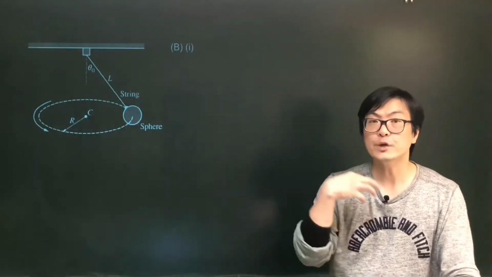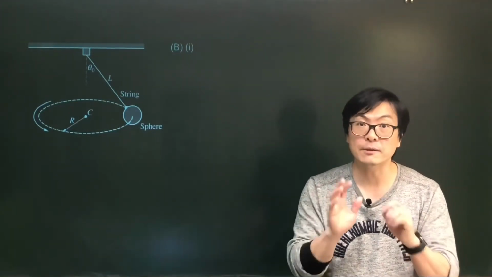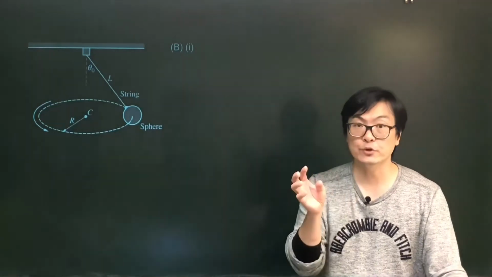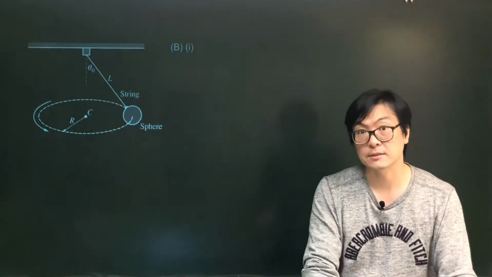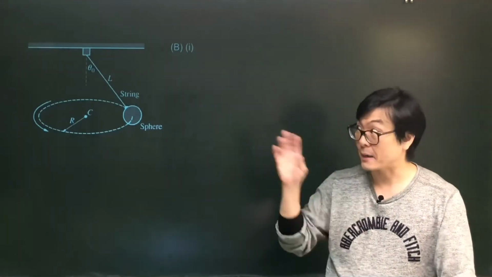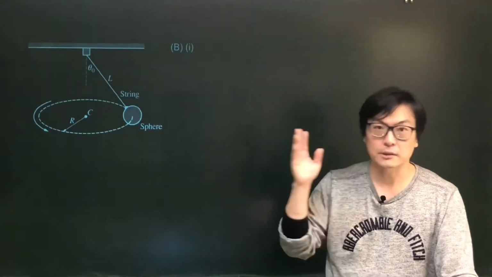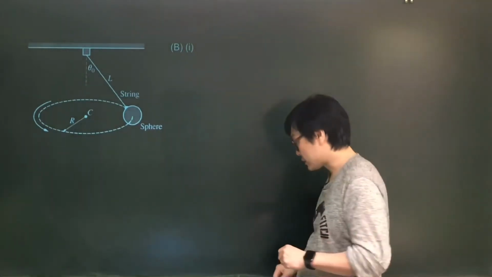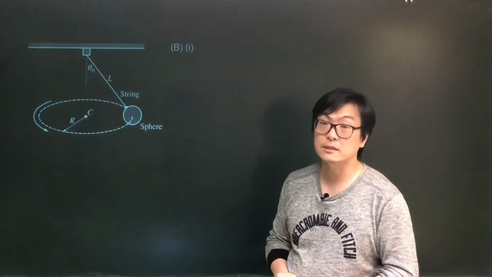Once you get the mathematical expression for the core concept of the question, it's easy to make some kind of statement for the qualitative analysis. So it's better to have the mathematical expression first.